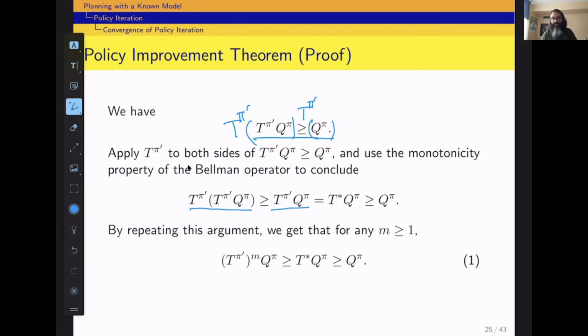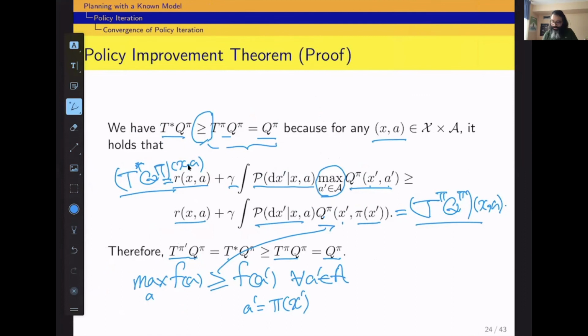This is just applying T pi prime to it, which from the assumption is equal to T star, the Bellman optimality operator, applied to Q pi, which is larger than Q pi, which we showed in the previous slide.